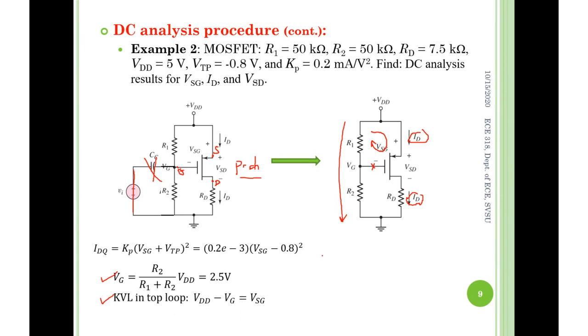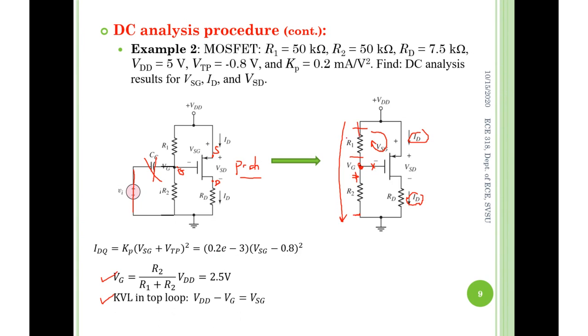So basically, if you're looking for the voltage at the gate, it means the voltage from the gate towards the ground, so the voltage across R2. We got this VG by the voltage divider. However, that's the voltage from here to the ground. What we need for the KVL in the top loop is the voltage across R1, rather than VG.